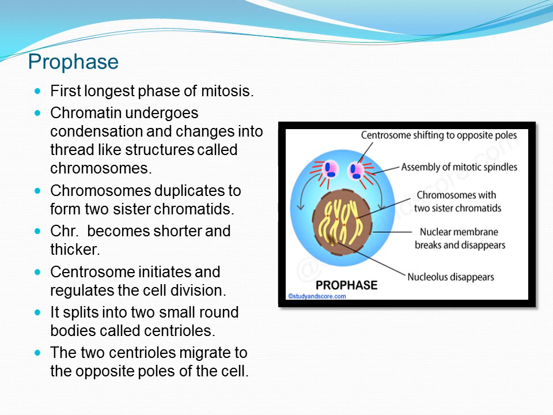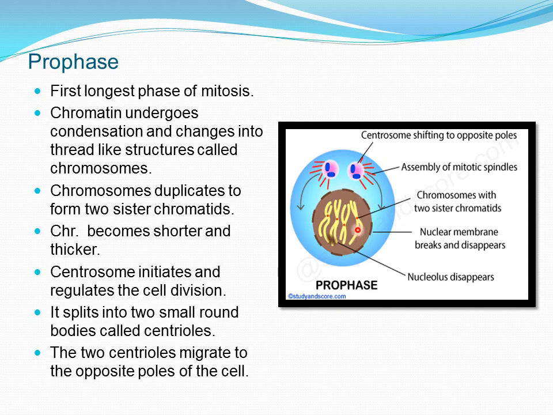Now let us start with the prophase. This is the longest phase of mitosis. Now what is happening here? In this phase, the chromatin material undergoes condensation. What does this term condensation mean? They become short and thick, and change into thread-like structures called chromosomes. Here we can see thread-like structures called chromosomes are formed, and they are much thickened. Each chromosome duplicates to form sister chromatids.